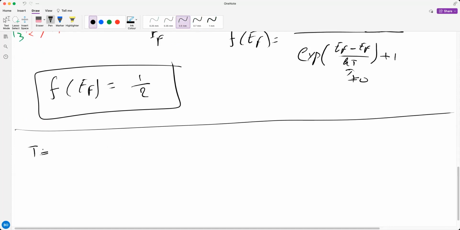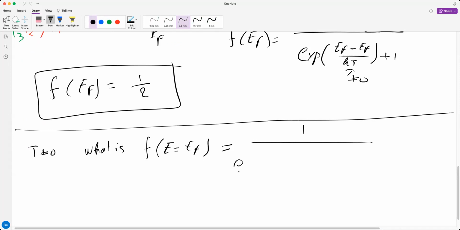So when T is bigger than 0, what is the probability of occupation of the energy level that is equal to the Fermi level? All I have to do is take the exponential of E, so I just replace E by EF.